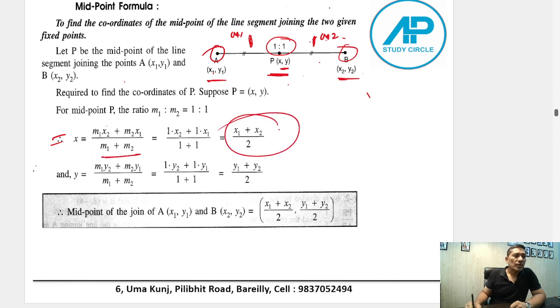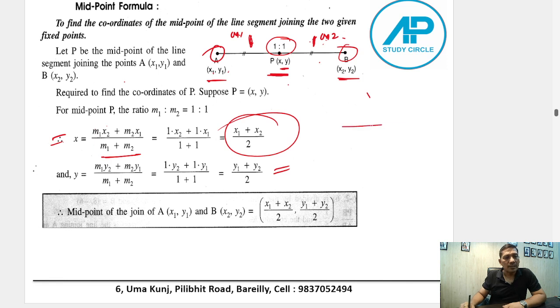That gives you (x1 plus x2) upon 2. The second coordinate, that is the ordinate, is (m1 y2 plus m2 y1) upon (m1 plus m2), that is 1 into y2, 1 into y1 upon 1 plus 1. It again gives you (y1 plus y2) upon 2. I hope this formula is clear to you now.